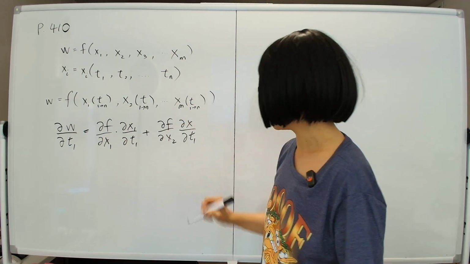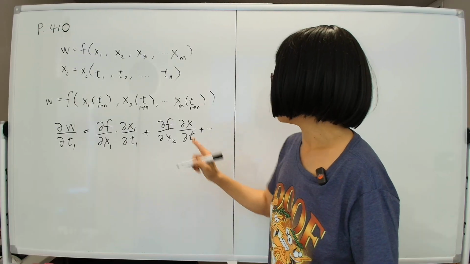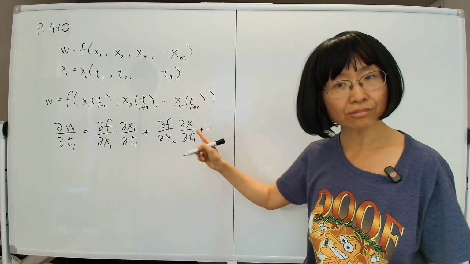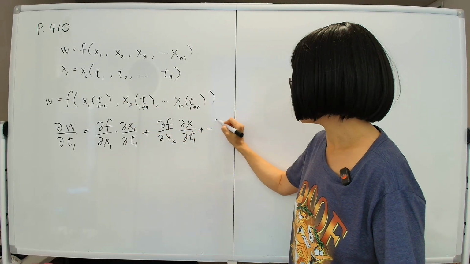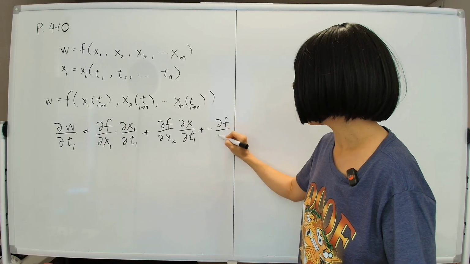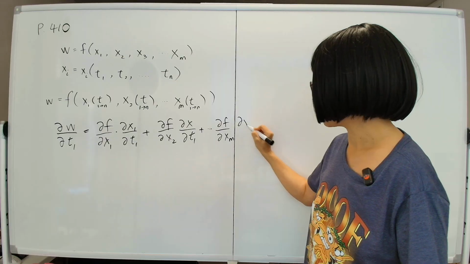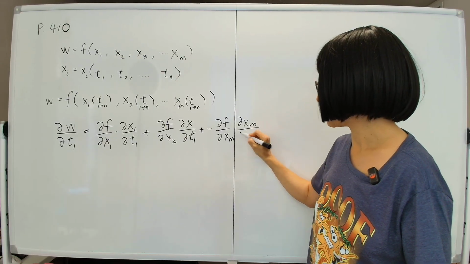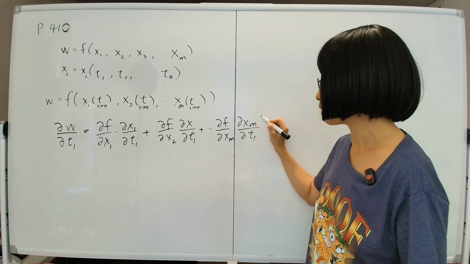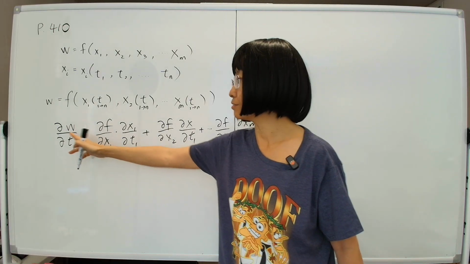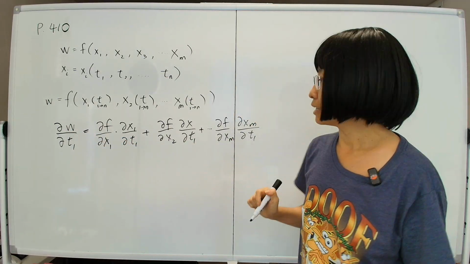Apple tax, t1. And you keep going until you go to every last household in your kingdom and tax them for the apple that you want. Partial xm, and tax the xm household for the apple, t1. t1 is apple.